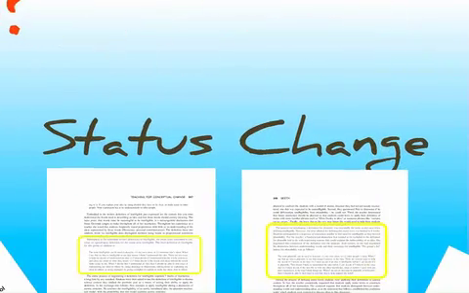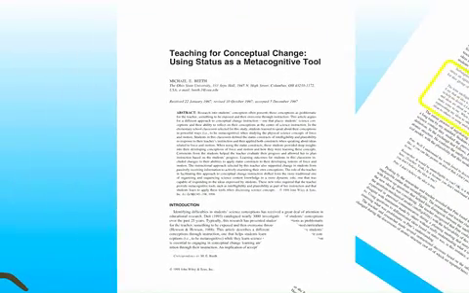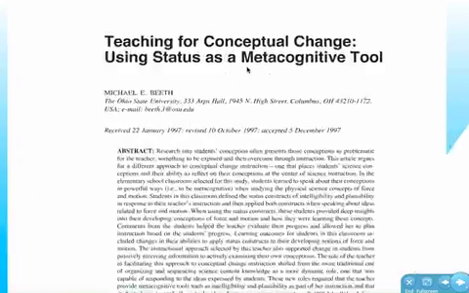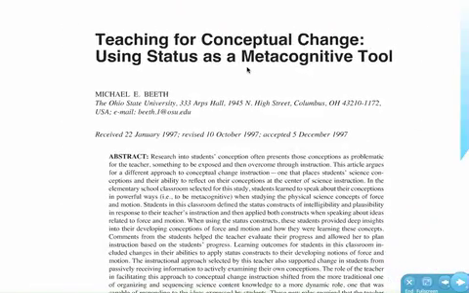One more big idea from the research, and it's the idea of status change. Michael Beath got me onto this idea in this article, if you want to chase the reference. He did a deep study of 4th and 5th grade students, and he found out how they came to make sense of the inquiries that they were doing.